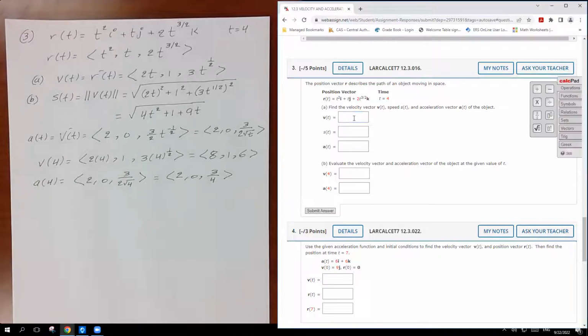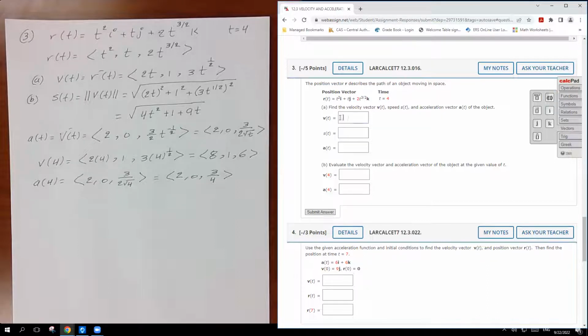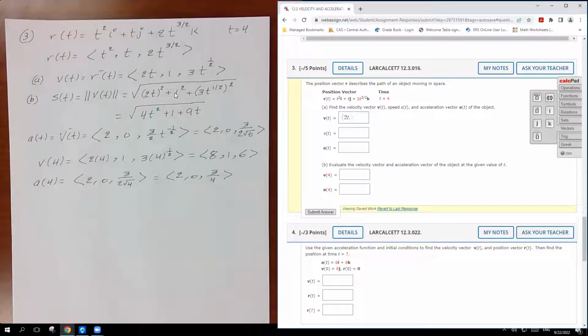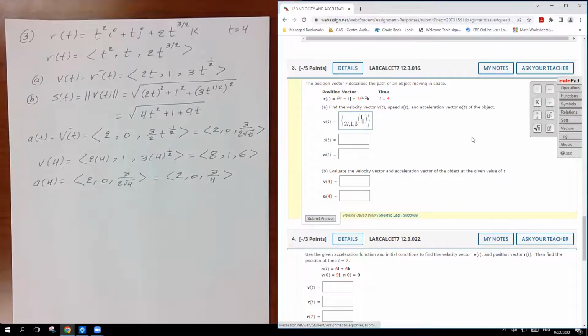We're just going to plug in the velocity with respect to t, here is the vector, and it's going to be 2t, comma 1, comma 3 square root of t. I think you can write it as a square root if you want to type it, or to the 1/2.